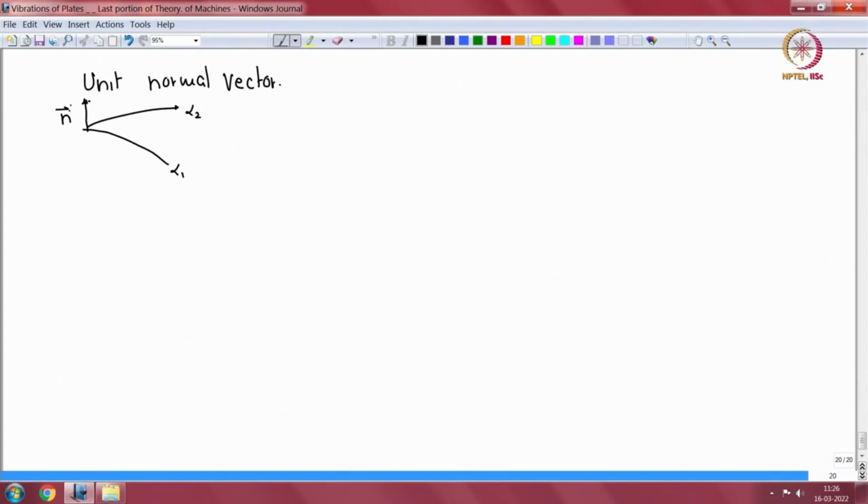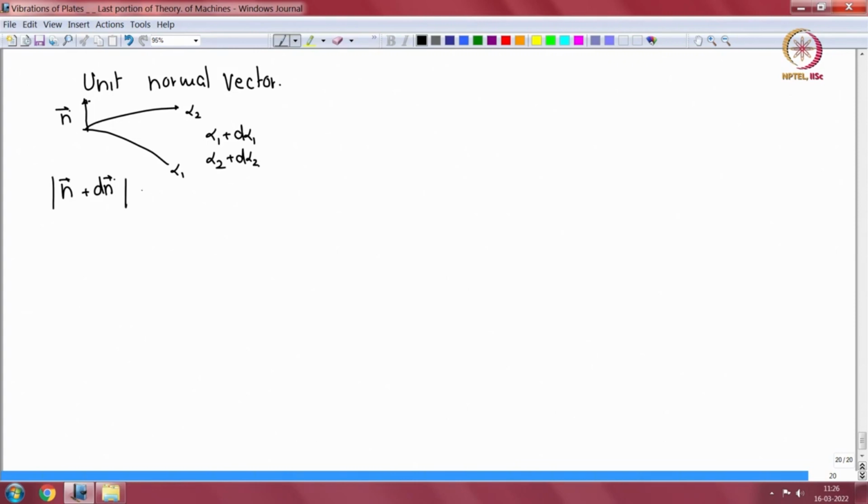Okay. So, if we move to another point alpha 1 plus d alpha 1, alpha 2 plus d alpha 2, then n bar gets a modification dn bar, but that is a unit vector still.